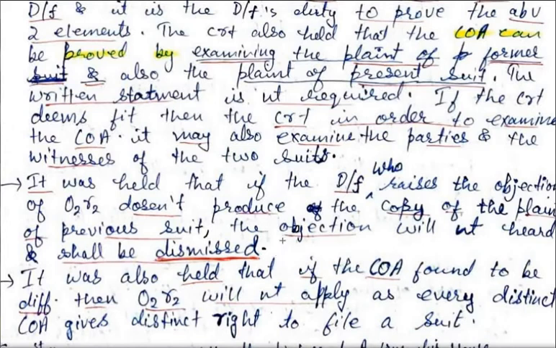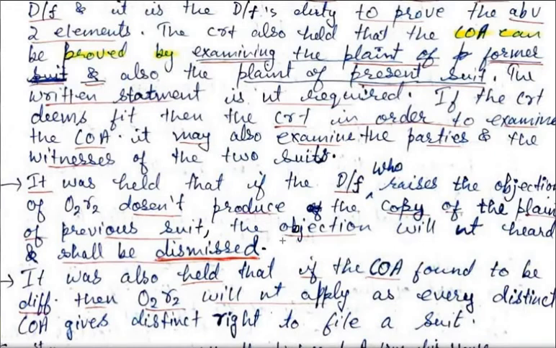You will be given time to supply the copy of plaint of the previous suit, and if you do not do that, then आपका ऑब्जेक्शन डिसमिस करके कोर्ट ट्रायल आगे कर देगा and will go on to pass a decree. So it is the defendant's duty to raise the objection and to produce the copy of the plaint.